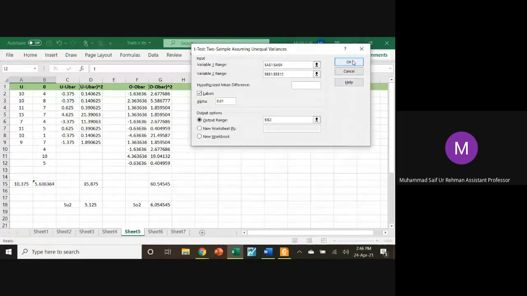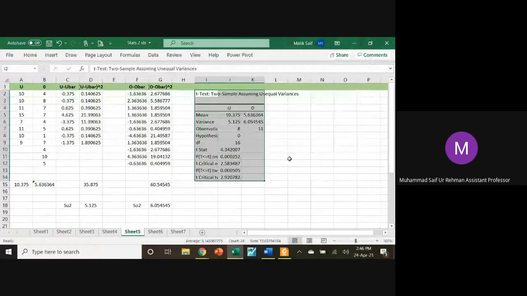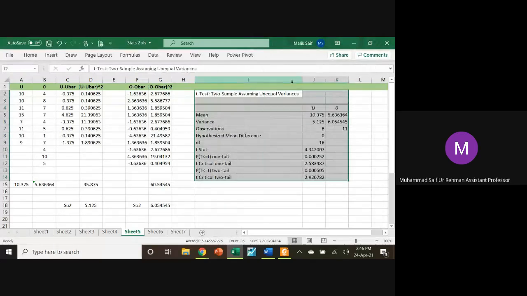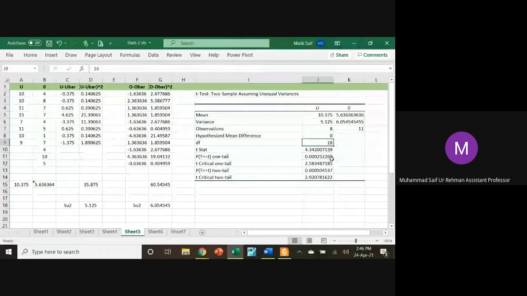Press OK. See, these are the values. You may now compare whether what you have done is correct or incorrect. It has taken the degrees of freedom as 16. We have taken it as 15. No problem. We are interested in reducing the degrees of freedom because we want to increase the chances of rejection of the null hypothesis. And you may see the t statistic is 4.342.